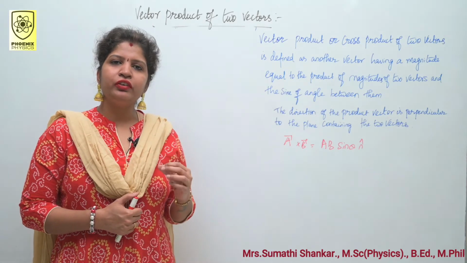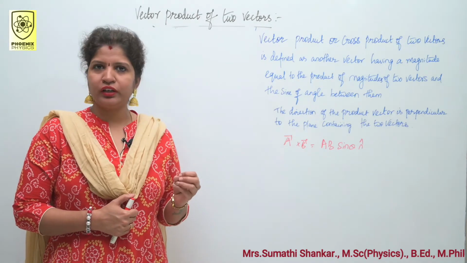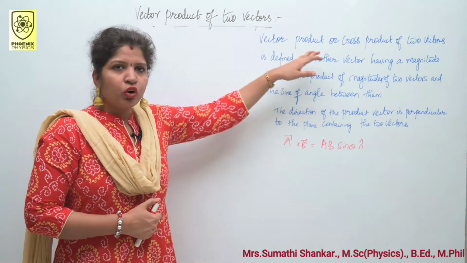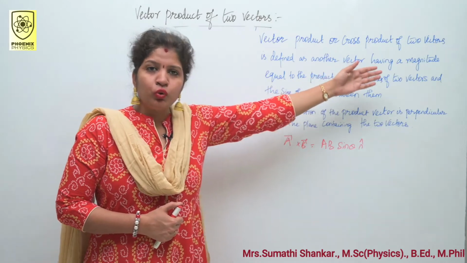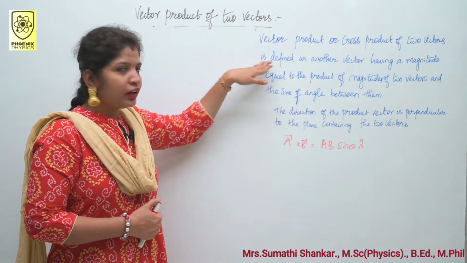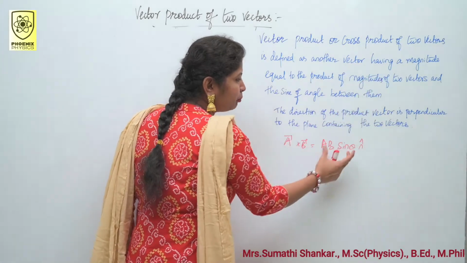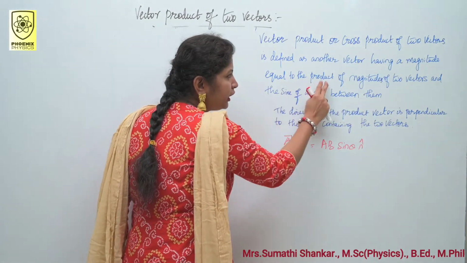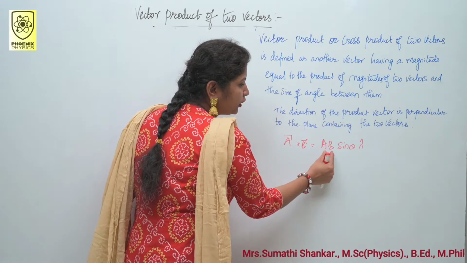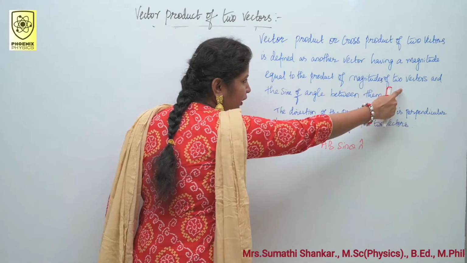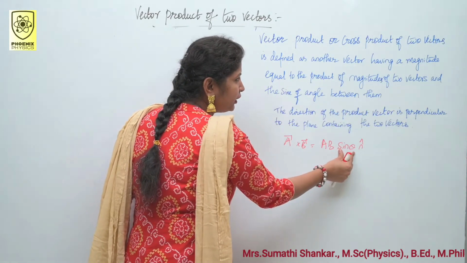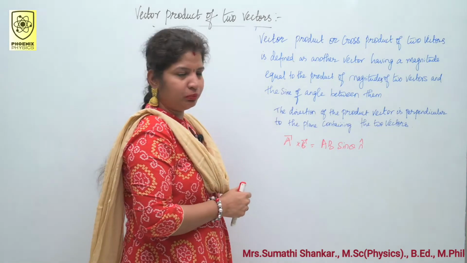How do you define the vector product of two vectors? The vector product or cross product of two vectors is defined as another vector having a magnitude equal to the product of the magnitudes of the two vectors and the sine of the angle between them.